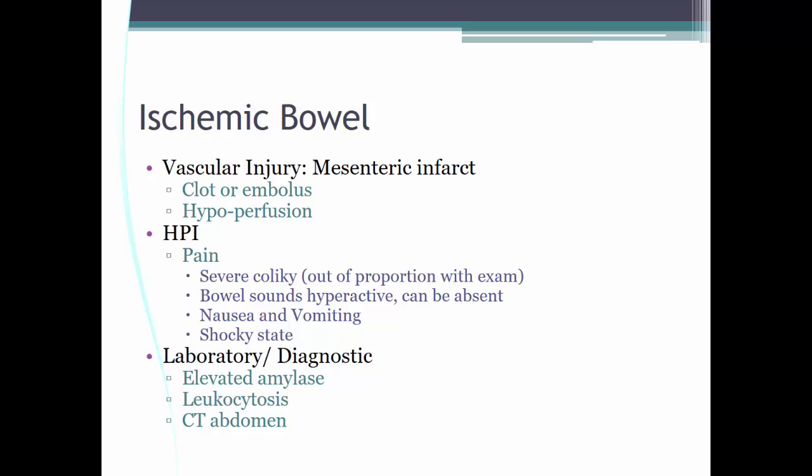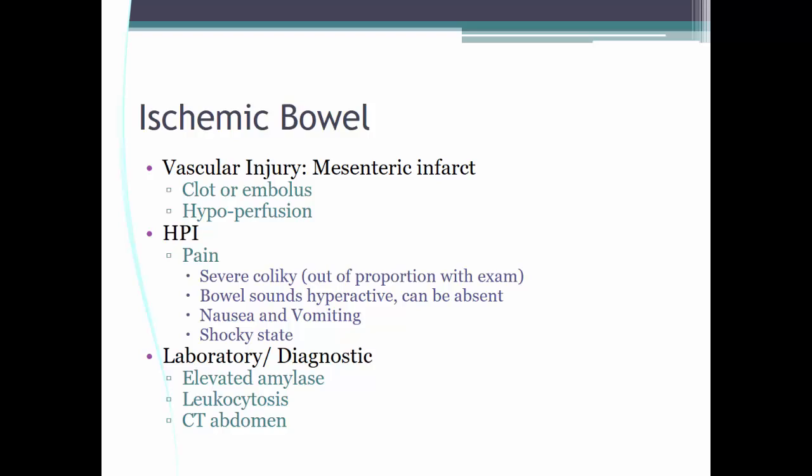Now, the treatment is basically embolectomy and revascularization. You basically put the patient on anticoagulation, heparin or Lovenox, and you bridge them. You put the patient on antiplatelets. If the patient is hemodynamically unstable, you do embolectomy and revascularization with or without bowel resection.